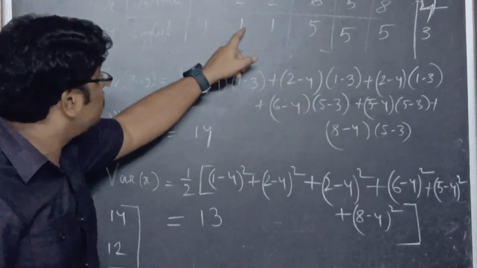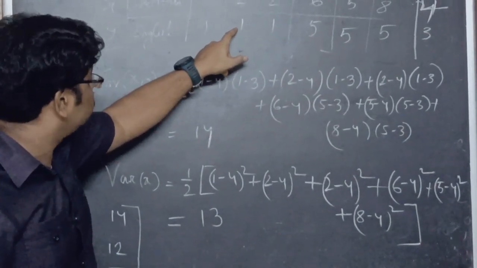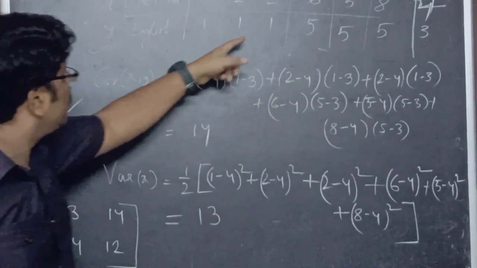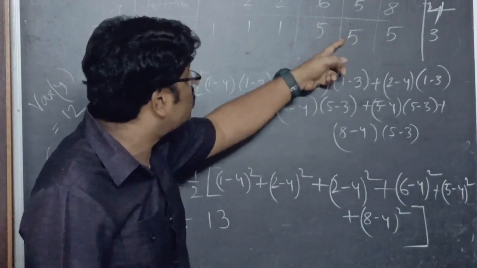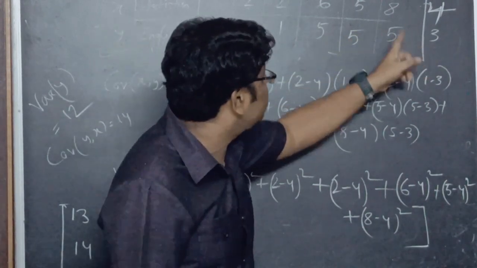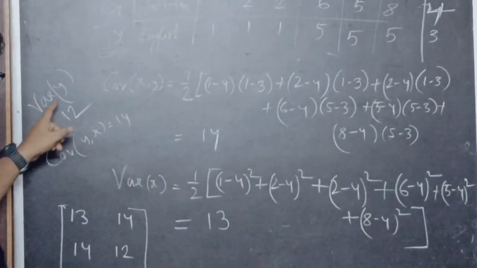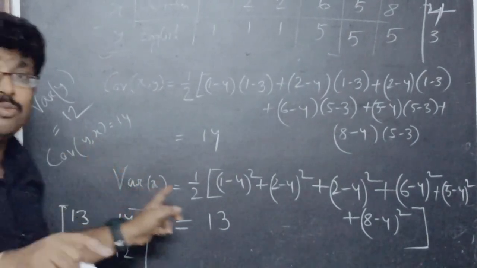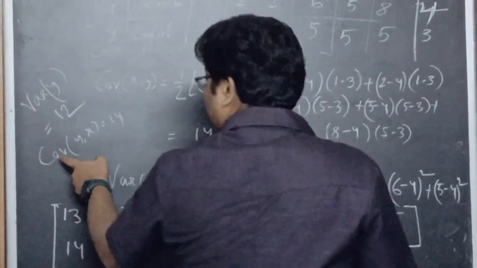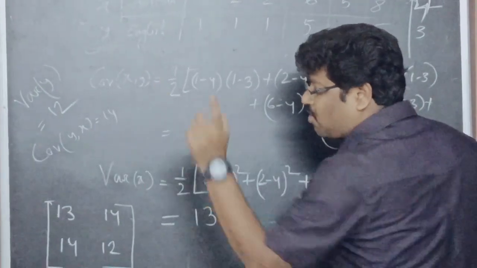After solving, we have the variance of y as 12. As the covariance of xy is equal to the covariance of yx, the covariance of yx is 40.